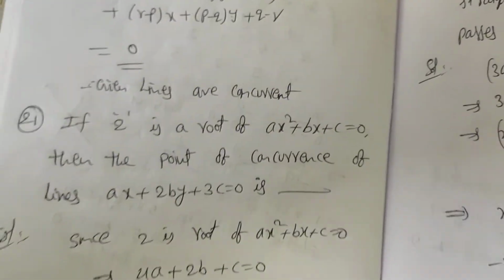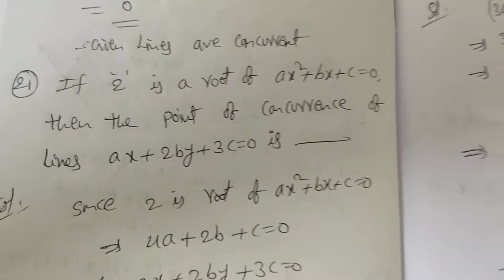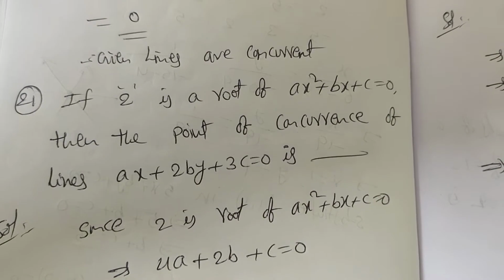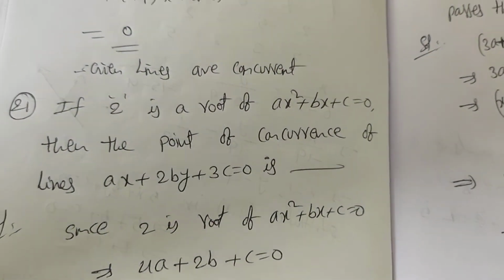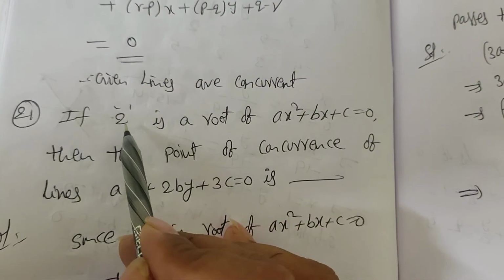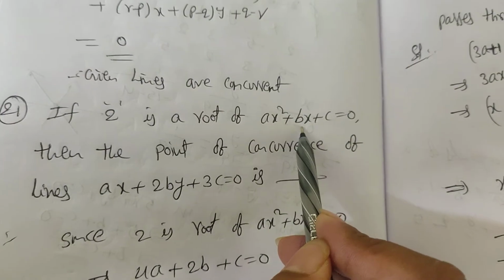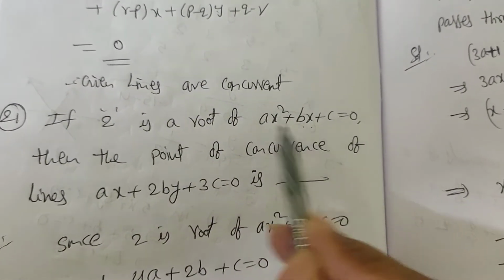Next question. If 2 is a root of ax square plus bx plus c is equal to 0, then the point of concurrence of the lines ax plus 2by plus 3c is equal to 0 is. Whenever they give conditions like these, you just have to follow one thing. First of all, 2 is a root of this equation, which means you get one condition based on this.